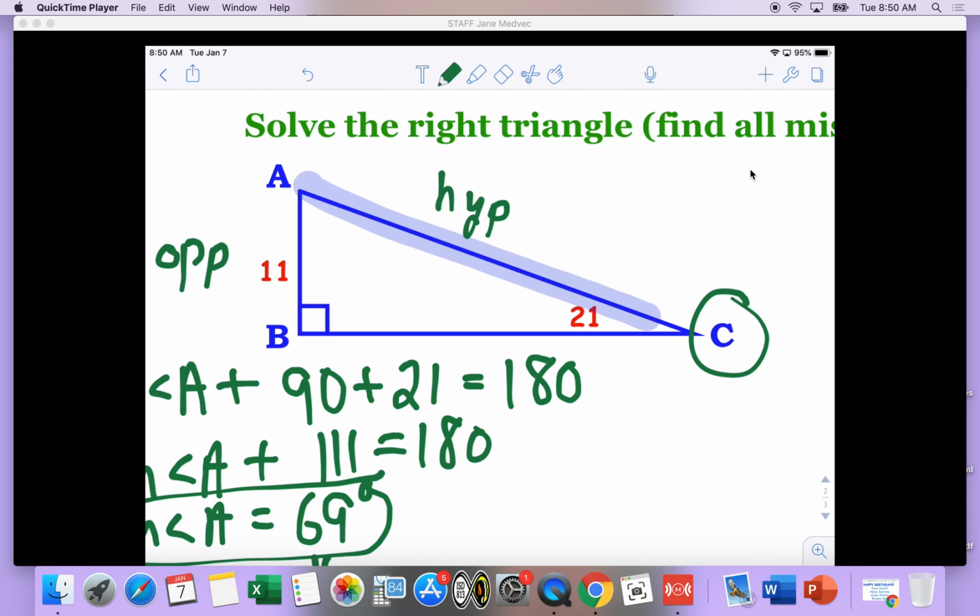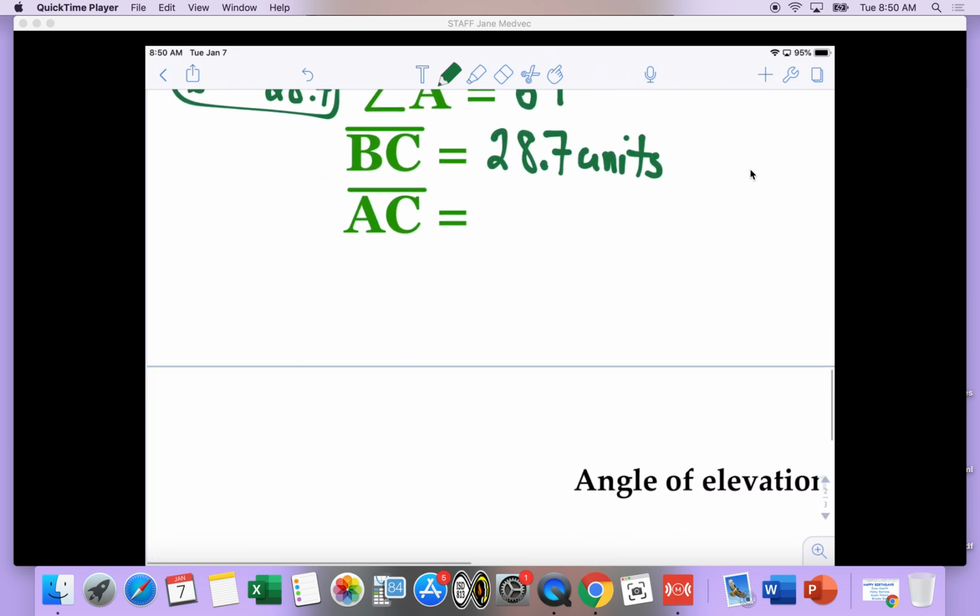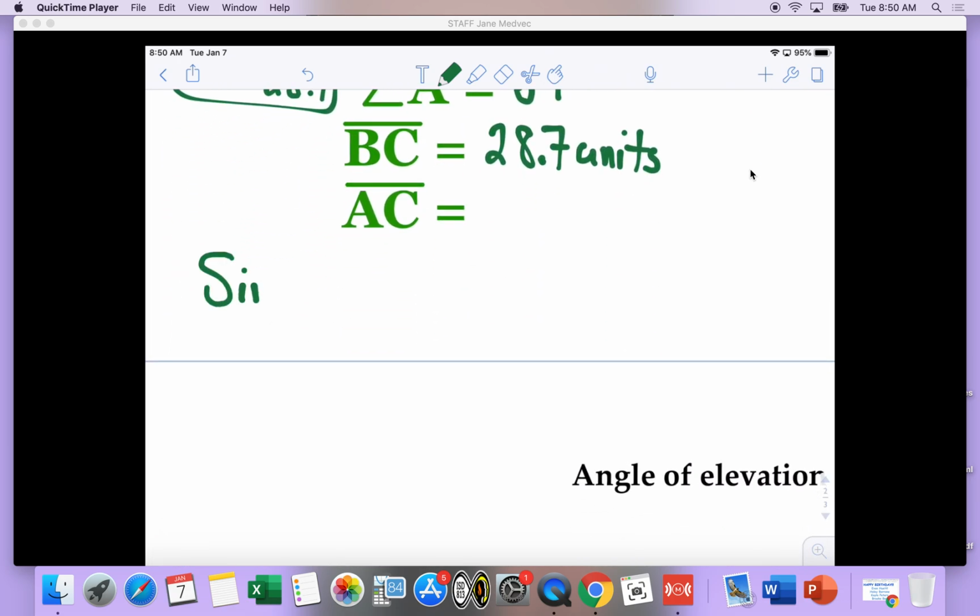I like that better. It's not wrong to do the Pythagorean theorem, but if you messed up somewhere, that can really skew your answers. So I'm going to grab sine 21 equals, the opposite is 11, over line segment AC. We're going to multiply by AC.